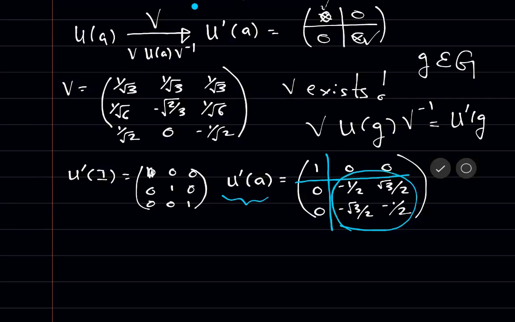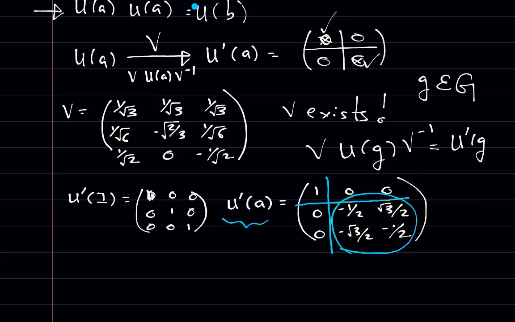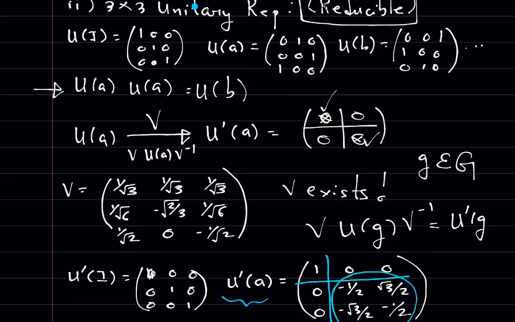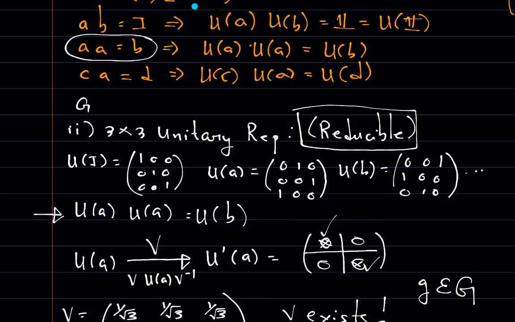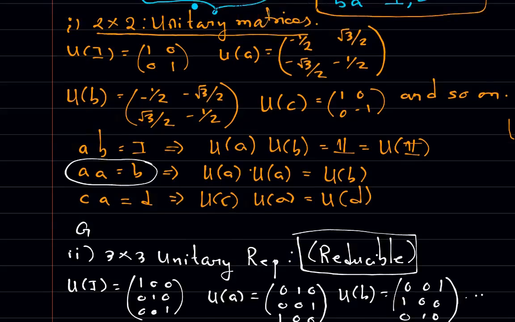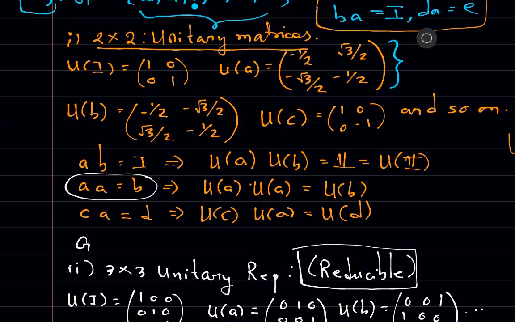Let us look at what this is. Minus half, root 3 by 2, minus root 3 by 2, and minus half. Where did we see this thing? Let us look at U of A here. We have this minus half, root 3 by 2, minus root 3 by 2, and minus half here. So this is U of A, which is the 2 cross 2 representation.